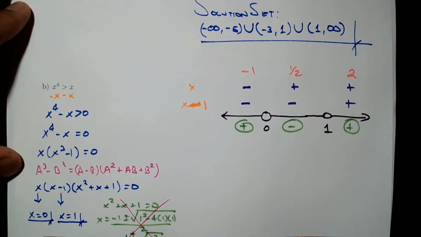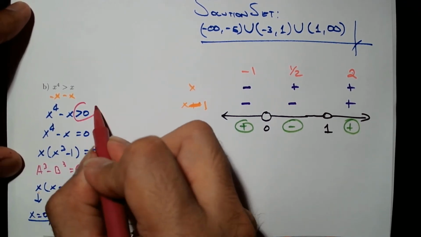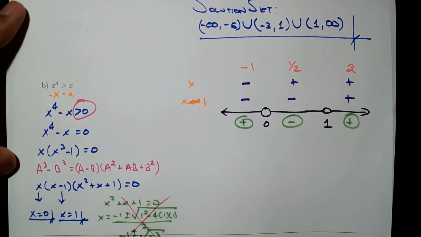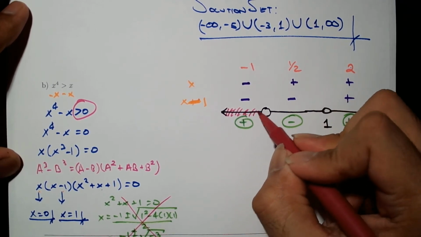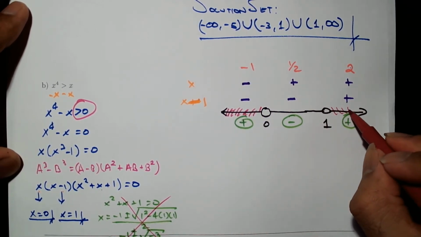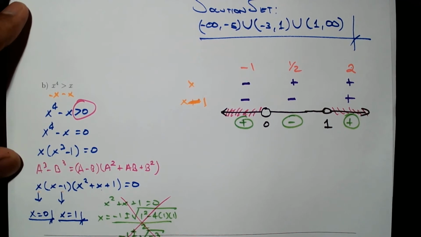So now let's go back to the original question. We want positive. So which intervals in this case are the correct ones? The correct ones are going to be the ones with the plus. Okay.